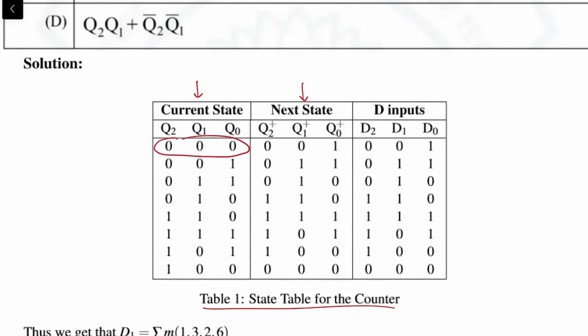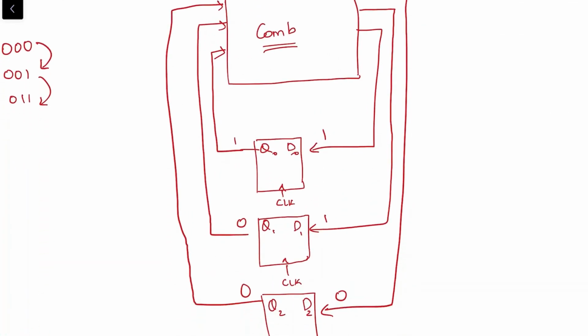We simply list the gray code sequence here, and we shift it up by 1. The reason we shift it up by 1 is because for this input we want this to be the next state, and so we take that as the output of our combinatorial block. Remember, the outputs of the combinatorial block serve the role of the D inputs.